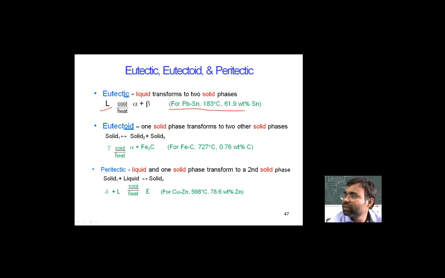And another is the eutectoid, which is another kind of phase transformation, shown by the gamma, that is the austenite, happening at the middle transformation temperature.